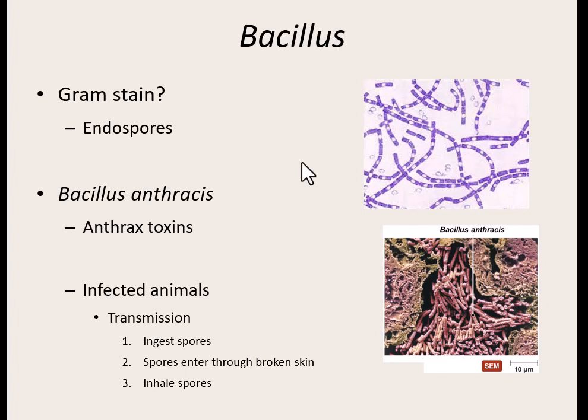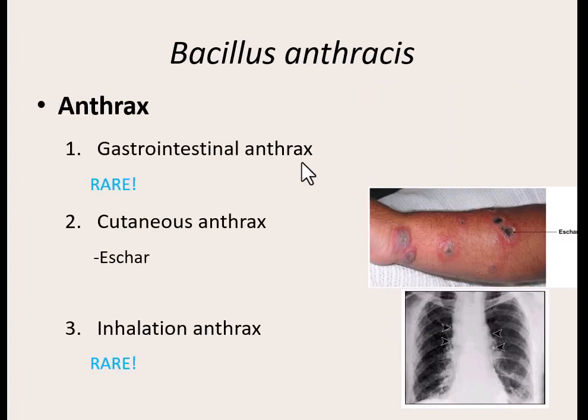There are 3 ways to pick up the bacteria, and how you pick it up determines what anthrax disease you get. You can either eat the spores, they get in through some type of open wound, or you inhale them. So our 3 types of anthrax diseases are just based on which way you picked it up. Gastrointestinal anthrax means you ate some of the spores.